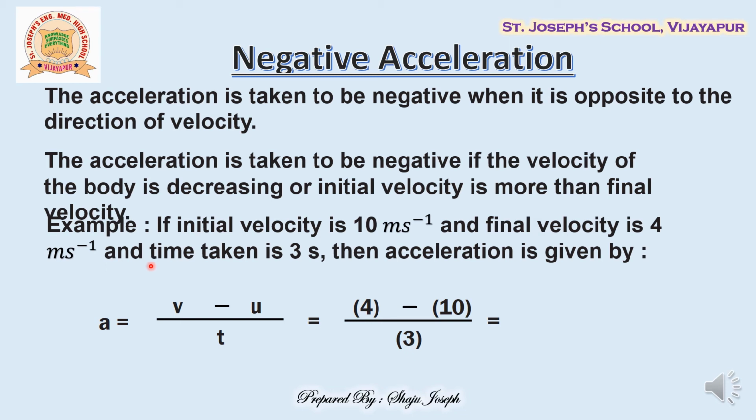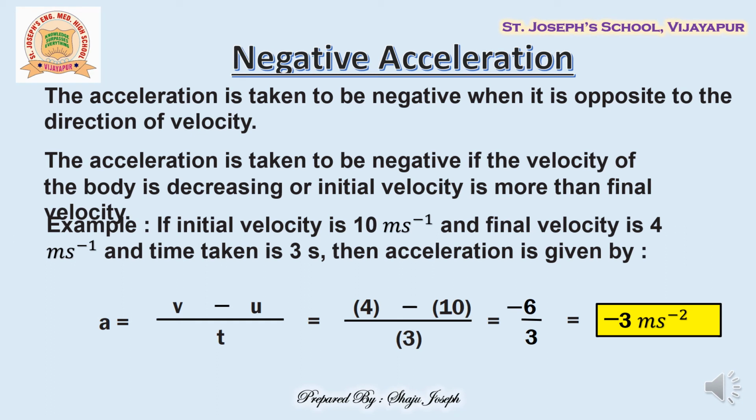What is the time taken? Time taken is 3 seconds. Therefore divided by 3. What is 4 minus 10? The difference is 6, but the bigger number's sign is minus. So the answer is minus 6 by 3, which is equal to minus 3 meter per second square, right?